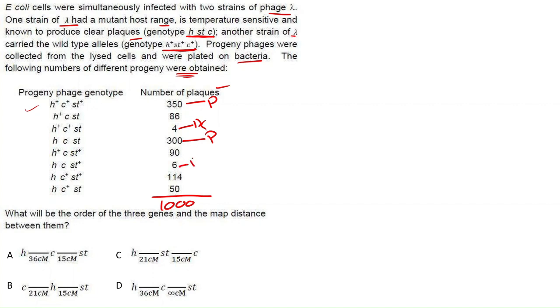This is DC and this is DC. So what is the DC now? DC is H plus C plus ST. One more is H C ST plus. What is the parent? H plus C plus ST plus.